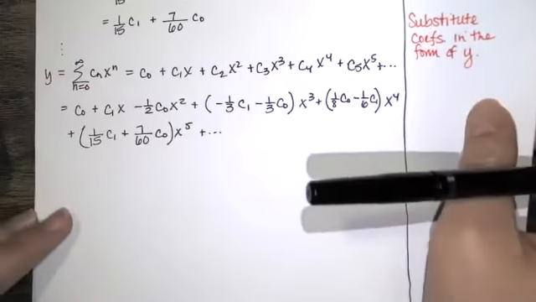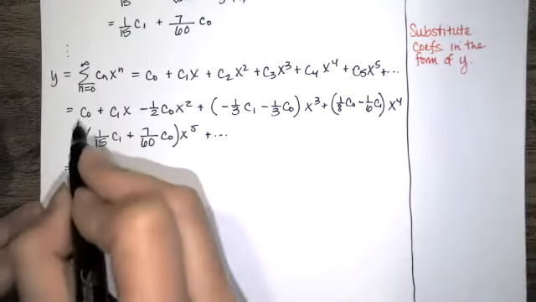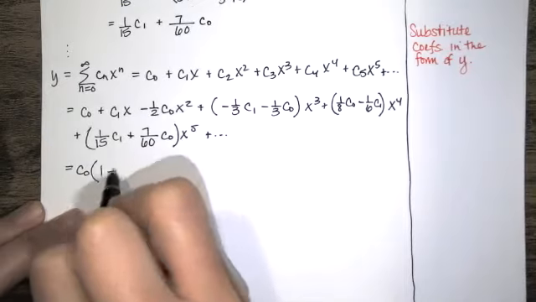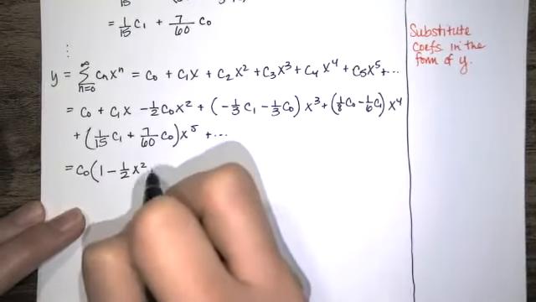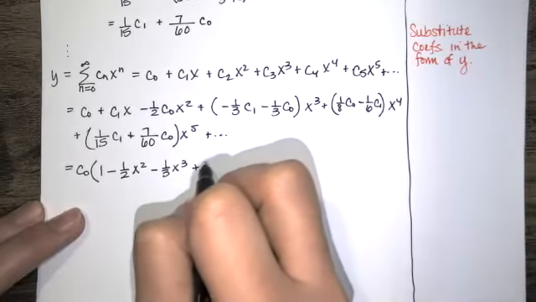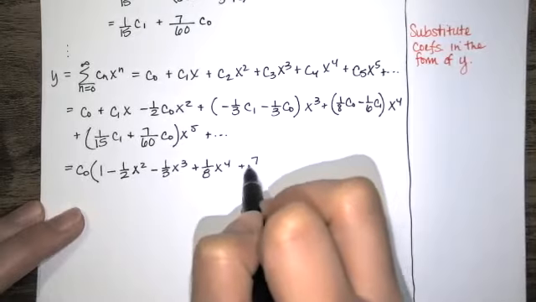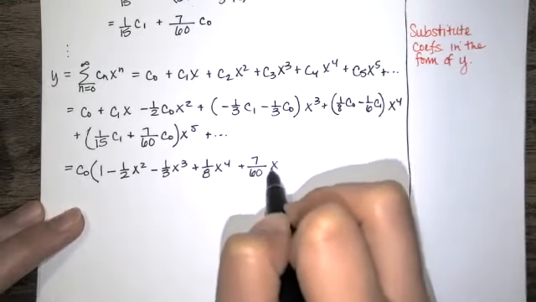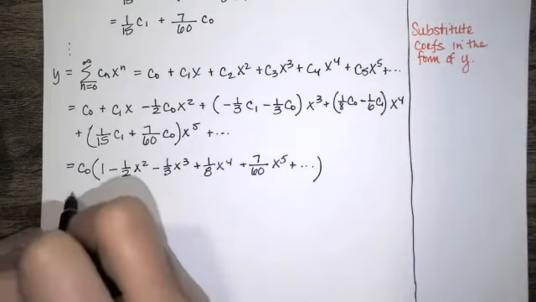Okay, and now we want to group terms that involve c sub 0. So I've got 1 here, minus 1/2 x squared, minus 1/3 x cubed, plus 1/8 x to the 4th, plus 7 over 60 x to the 5th, plus higher order terms.